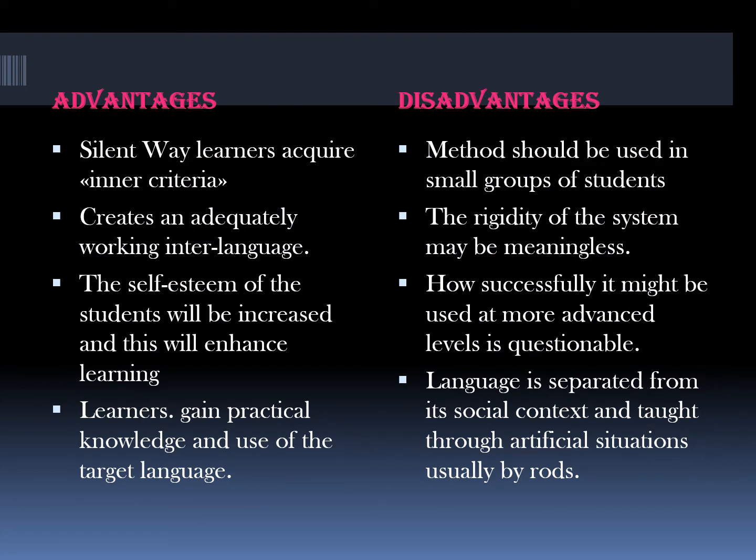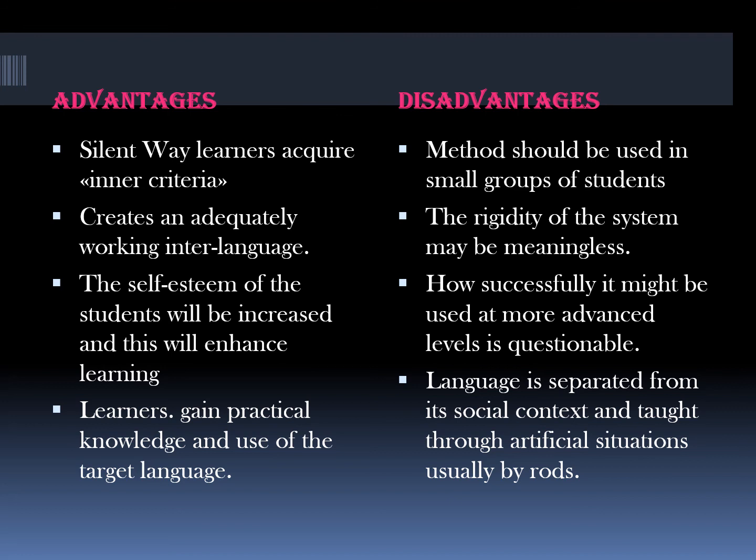Now, the advantages and disadvantages of this particular method of language teaching. Silent way learners acquire inner criteria, whereas the disadvantage is that it can be used only for smaller groups. For larger groups, it can be a little impractical. It creates an adequately working interlanguage, but the rigidity of the system may be meaningless at times for the learners.